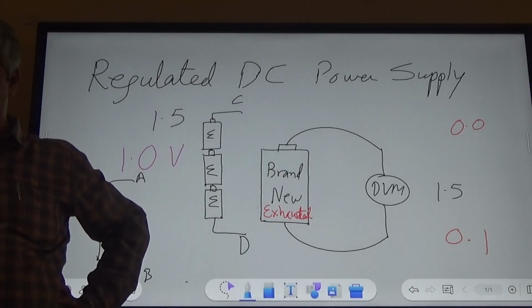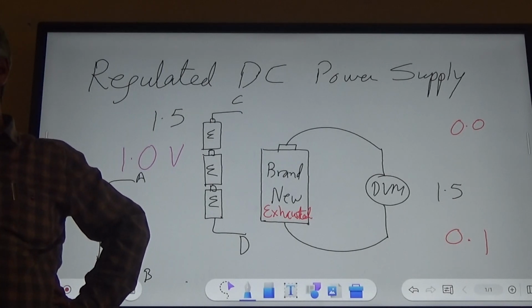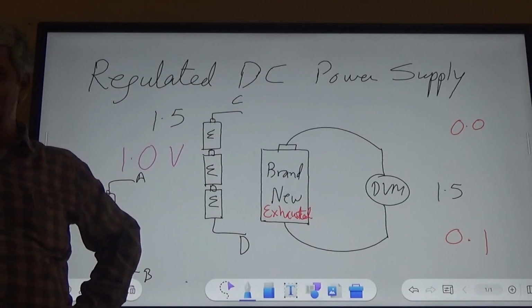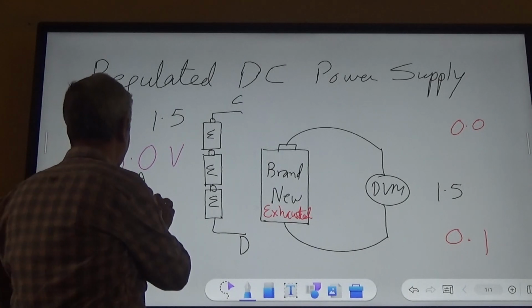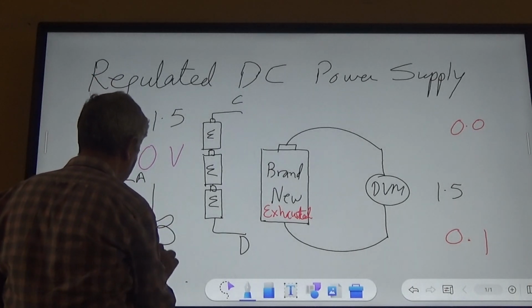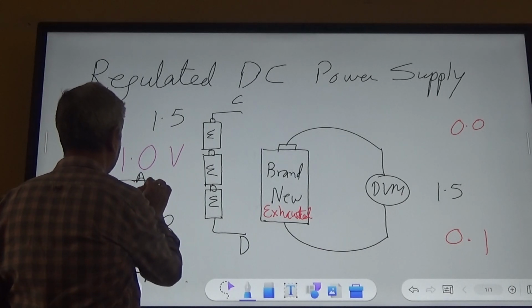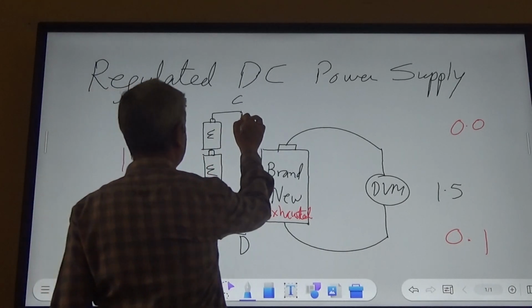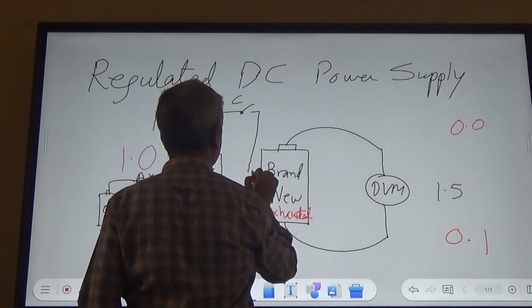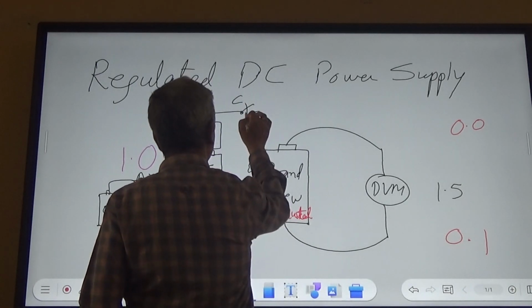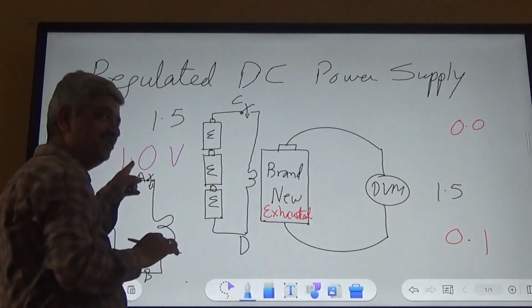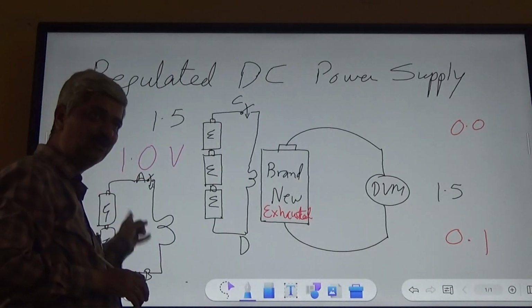That is sure, you can perform an experiment. However, if I have a lamp, a torch, if I close the switch in this case, the lamp will glow.